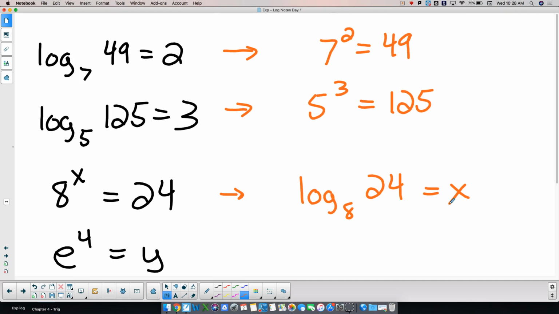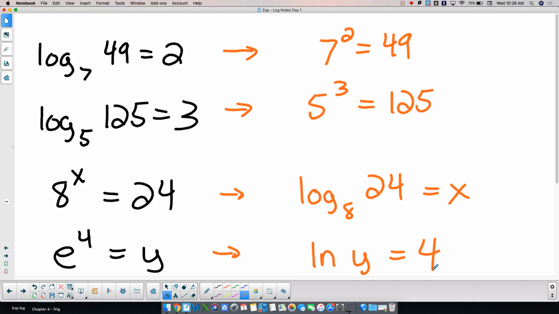Check your settings for the red sheet. Here, how many people wrote down log base e of y equals 4? Be honest with yourselves. Did ya? Is it right? Because what should you have written down? Natural log of y equals 4.